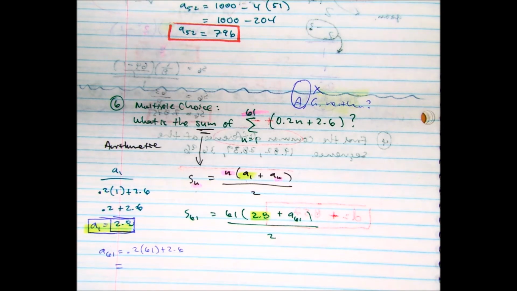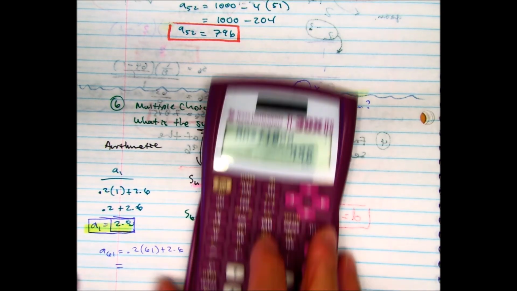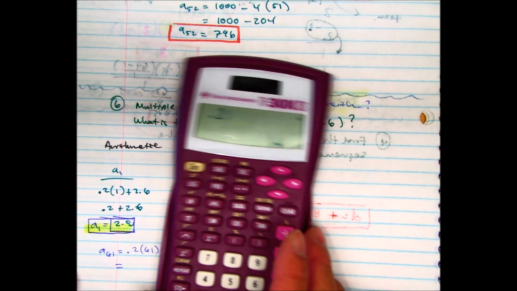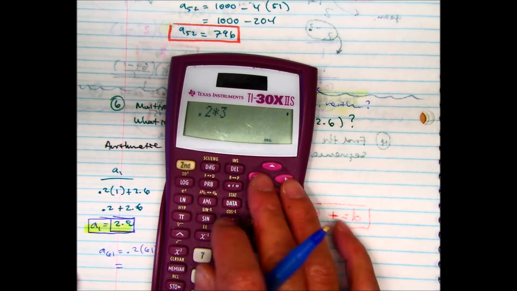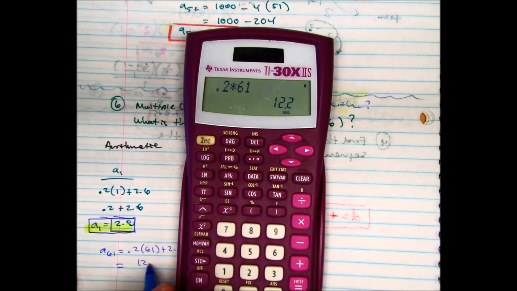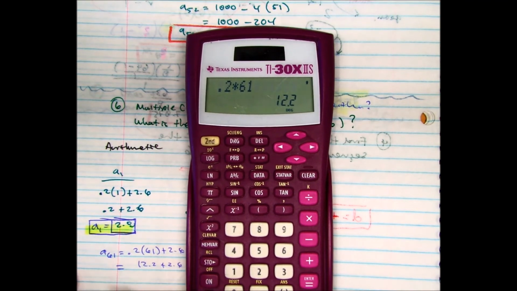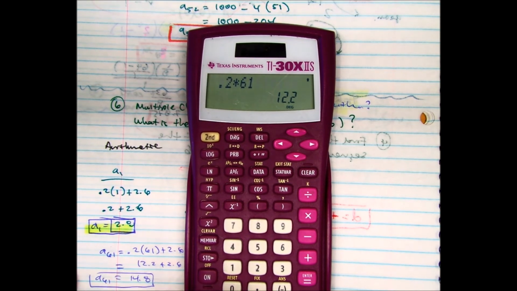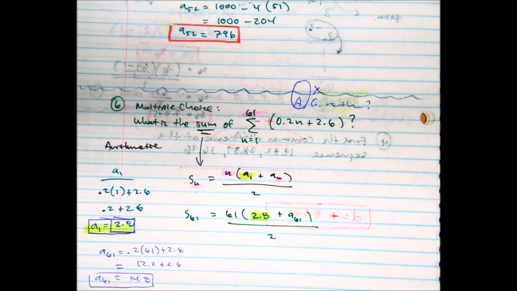And then I'll just punch that into my calculator. 0.2 times 61. I get 12.2 plus 2.6, and that'll equal 14.8. So the 61st term in my list will be 14.8.